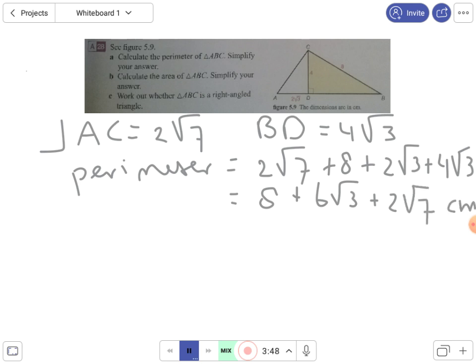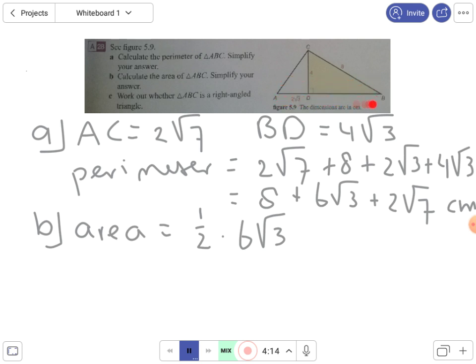Alright. Exercise B, the area. The area of a triangle is a half times the edge times the height. So that means a half times AB, and AB is 6 square root of 3, because this whole thing, this is 2 square root of 3, and this was 4 square root of 3.